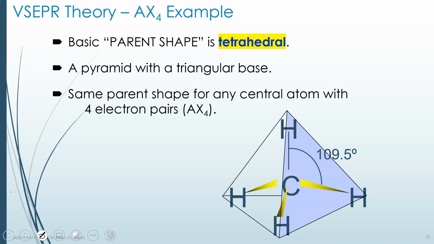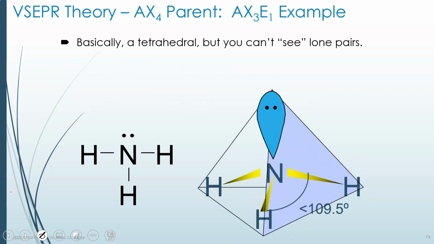The parent shape of this is an AX4, and the true form of this is also AX4 because all four pairs of electrons are with bonded atoms, in this case, 4 hydrogens. But if we look at a variation of the AX4 parent structure, in the case of ammonia, NH3 with a lone pair on the nitrogen, the lone pair still takes up space.